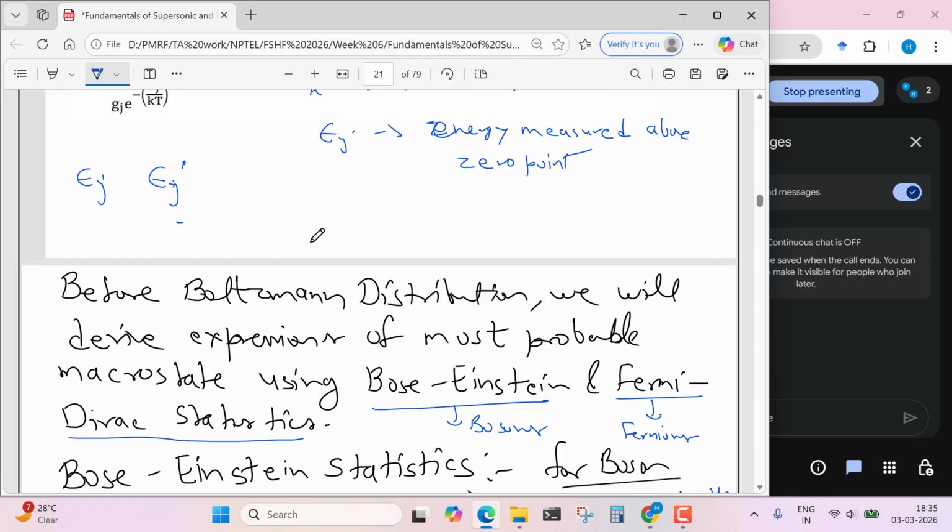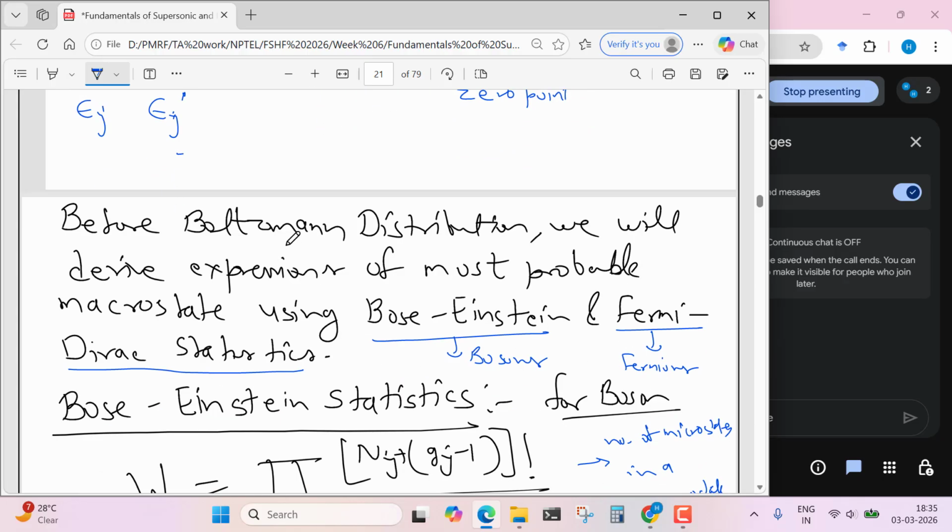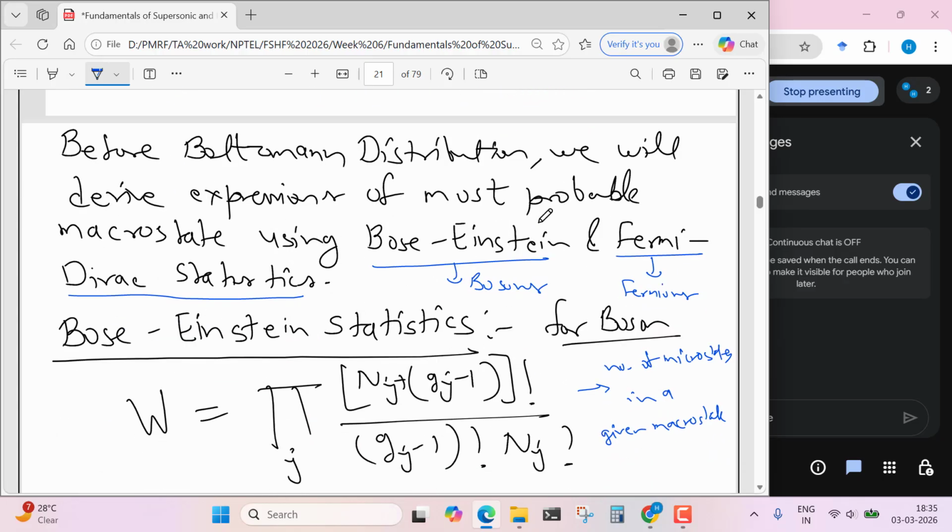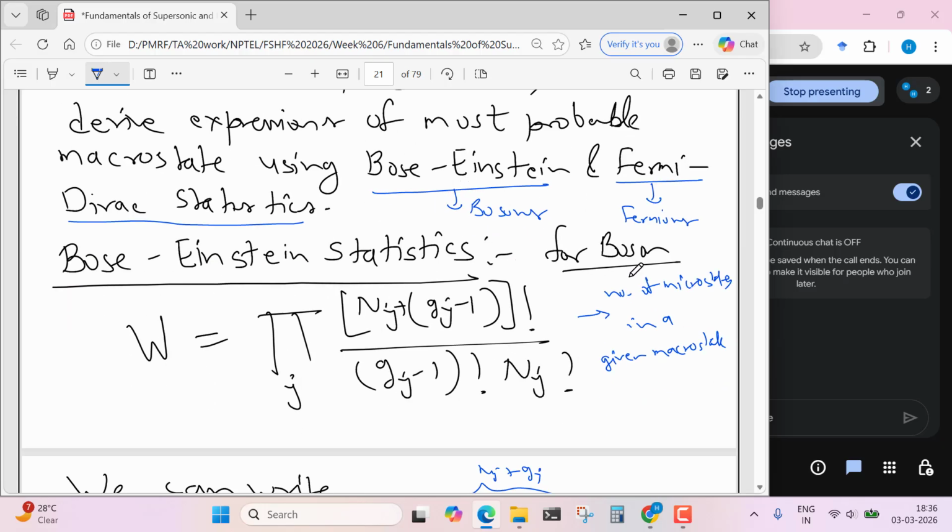So before the Boltzmann distribution, we will write the expression for the most probable macrostate using Bose-Einstein and Fermi-Dirac statistics. This Bose-Einstein statistics is for bosons and Fermi-Dirac statistics is for fermions. So first we will see the Bose-Einstein statistics for boson.